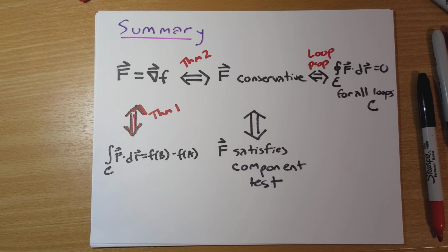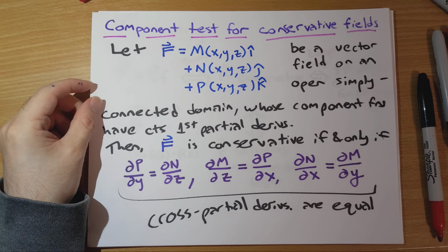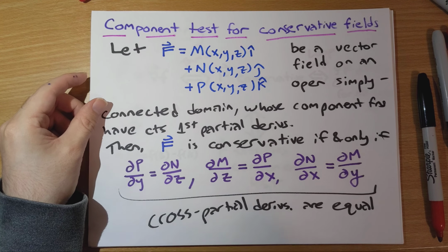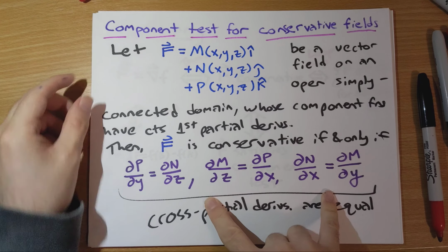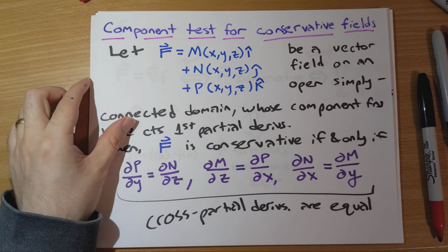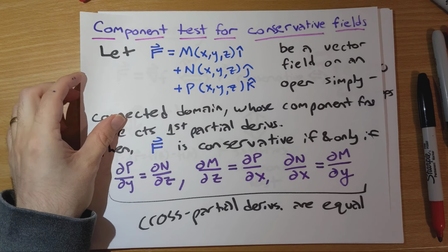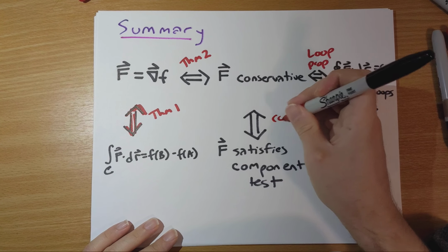And then finally, we have the component test for conservative vector fields, which says that your vector field F is conservative if and only if you satisfy these cross-partial derivative conditions down here. The appropriate cross-partial derivatives are equal to each other. So this is the component test.